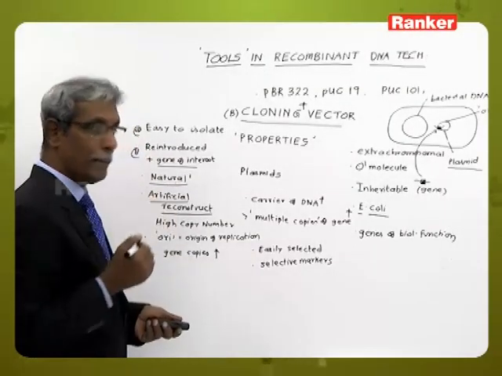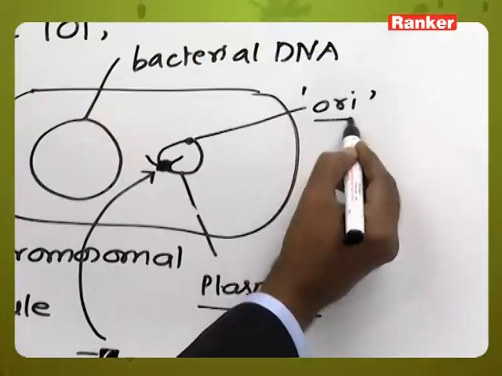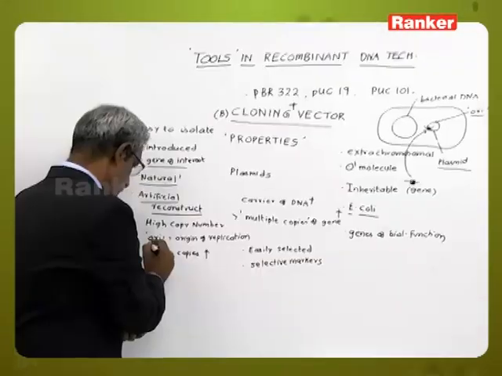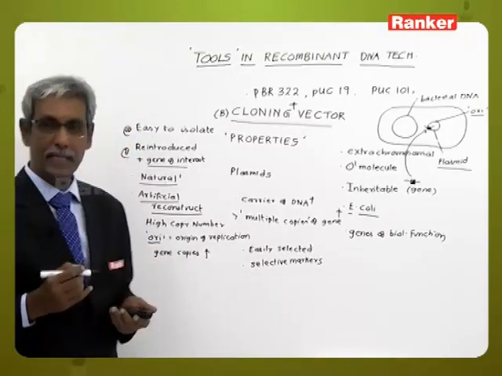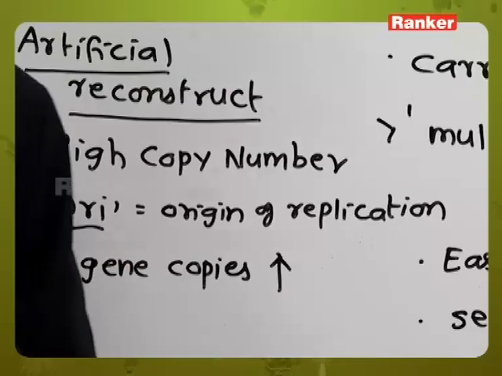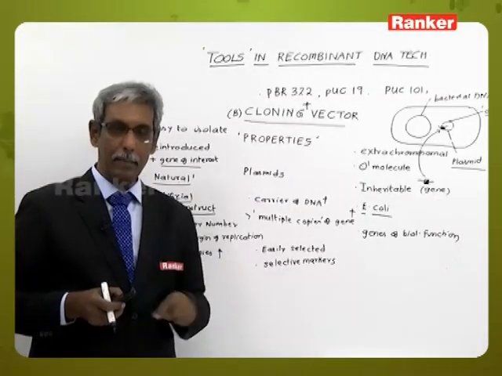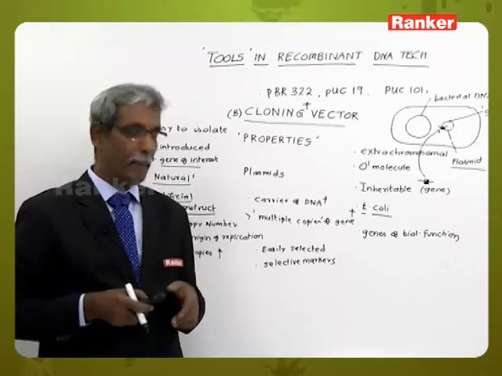Now if you look at a particular plasmid, in every plasmid there is one region which is termed an ORI. The term ORI means the origin of replication. It has a sequence of nucleotides which determines where it can make multiple copies of the plasmid.